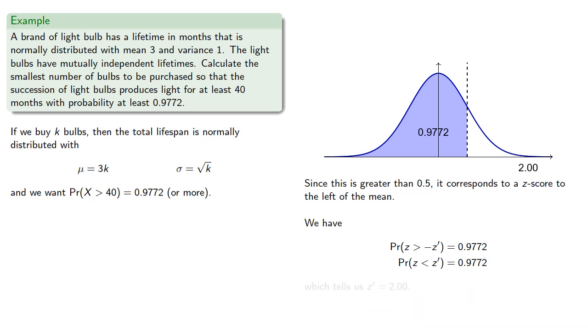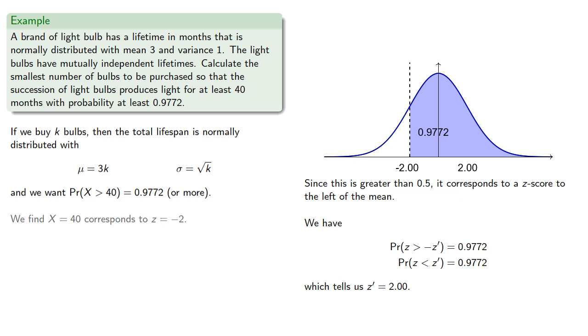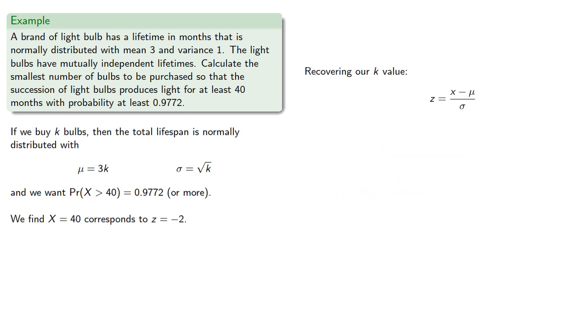And we find that x equals 40 corresponds to z equals -2. Now recovering our k value gives us and so k solves this equation.